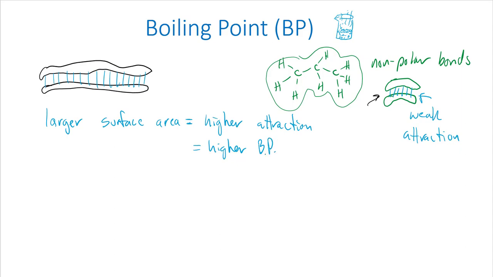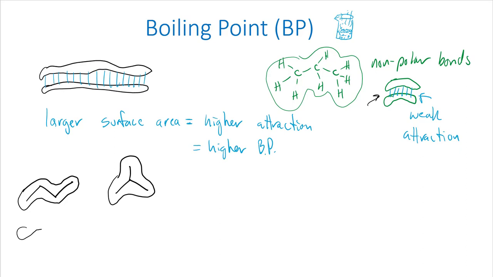Now, if we consider isomers, let's say butane again versus isobutane. Butane, the less branched isomer, has a larger surface area with which to overlap other butanes than isobutane does.